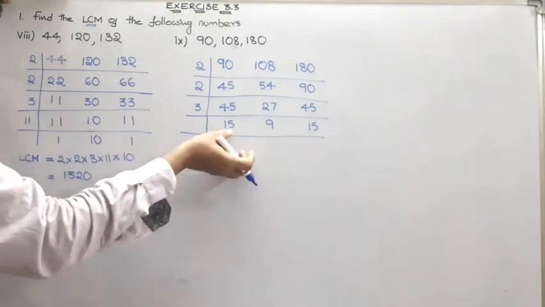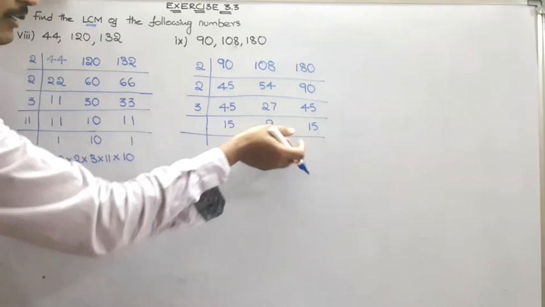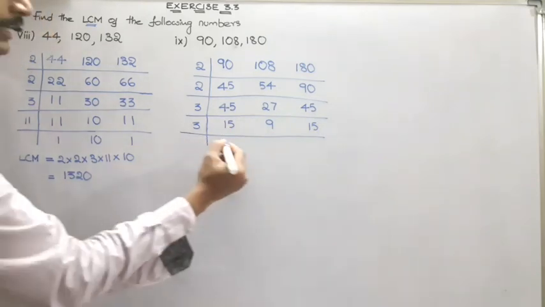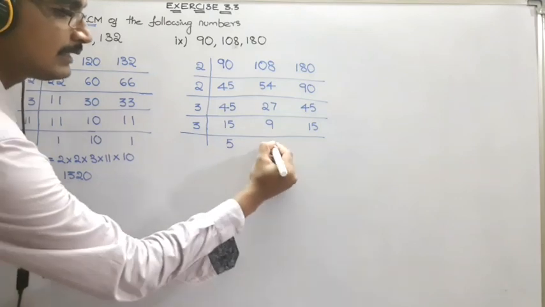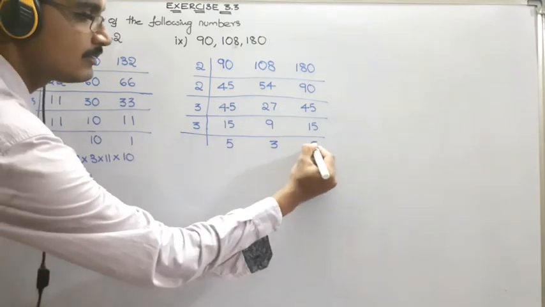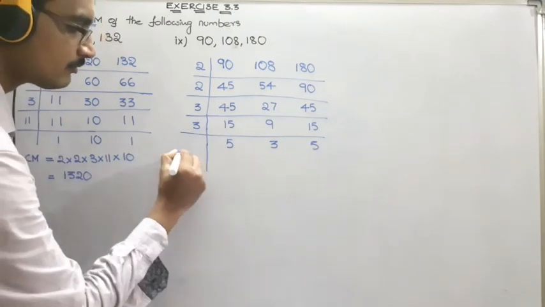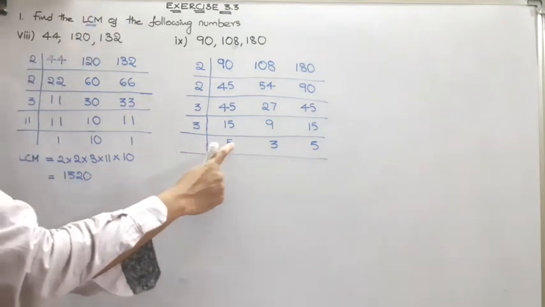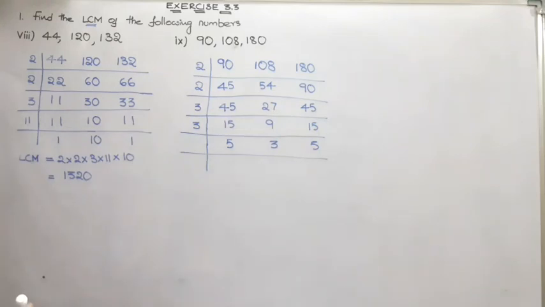Now the number which is going to cancel 15, 9 and 15 is again 3 table. 3 5s are 15, 3 3s are 9 and 3 5s are 15. Now we have the new set of numbers as 5, 3 and 5.